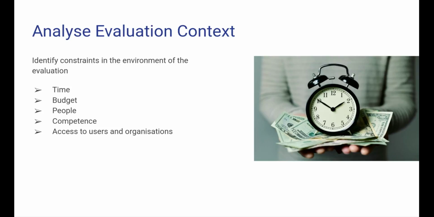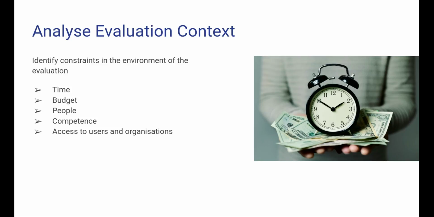To analyze the evaluation context is a very practical matter. The starting point is that you will never have all of the resources you would like to have when you are to carry out an evaluation. There will always be many different constraints in your environment, and these constraints can be in different dimensions.